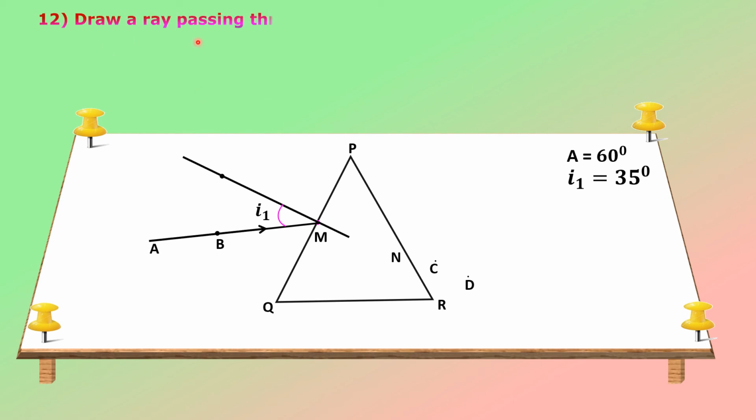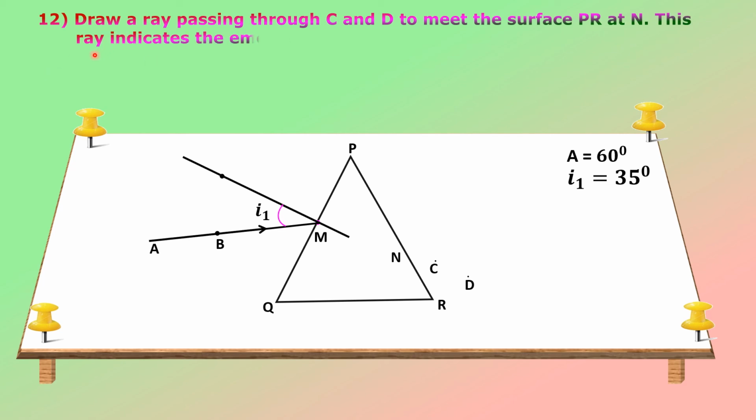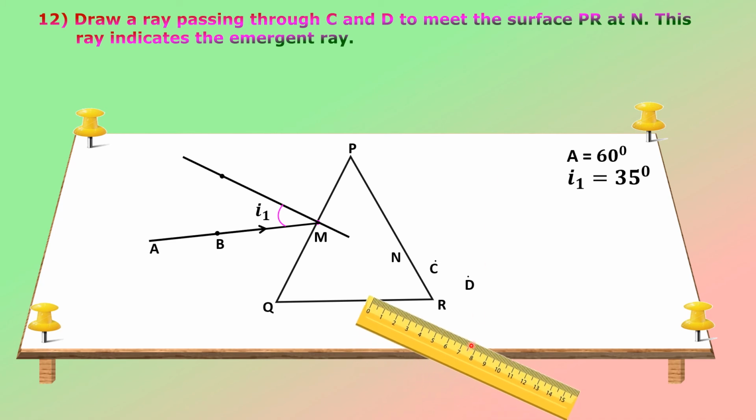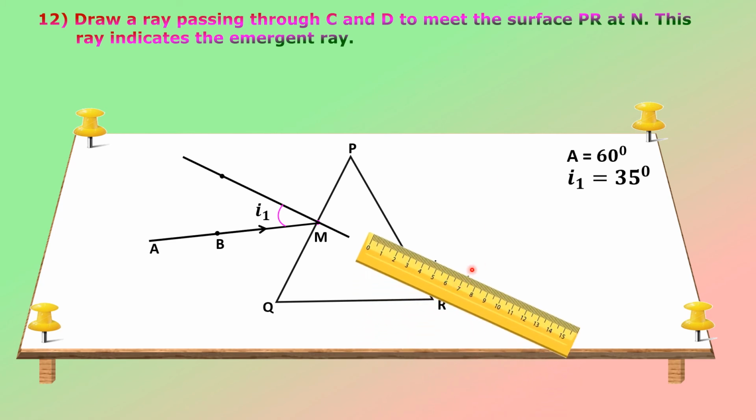Draw a ray passing through C and D to meet the surface at N. This ray indicates the emergent ray. Here I am drawing a ray through C, D to meet the surface PR at N. This is called the emergent ray.